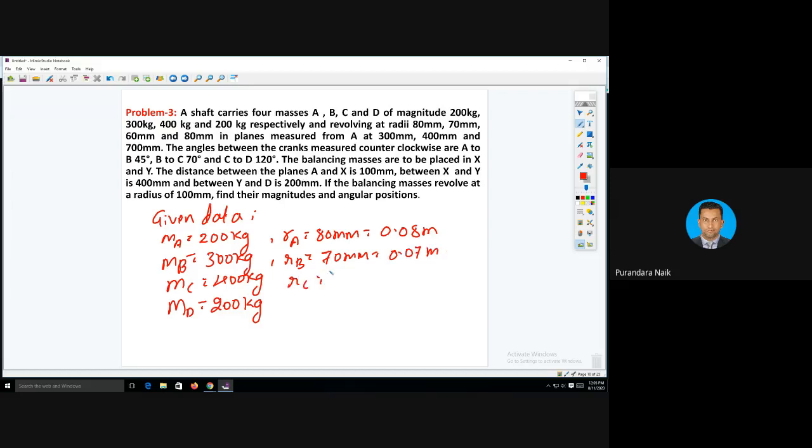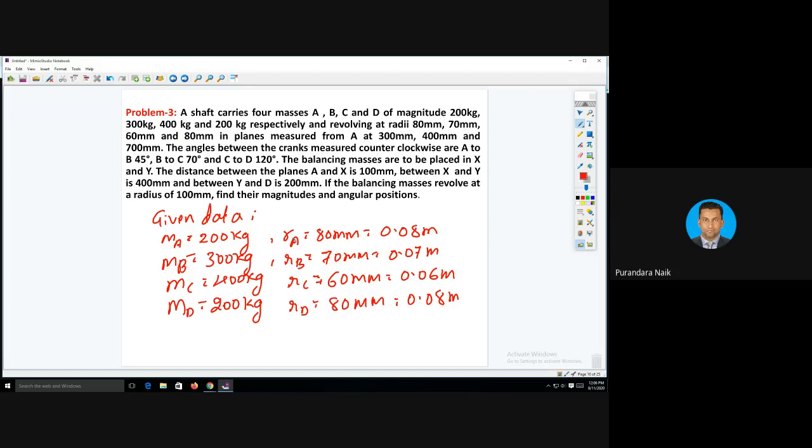RC is equal to 60 millimeter, and it is equal to 0.06 meter. RD is equal to 80 millimeter, which is equal to 0.08 meter. So this is the given data.